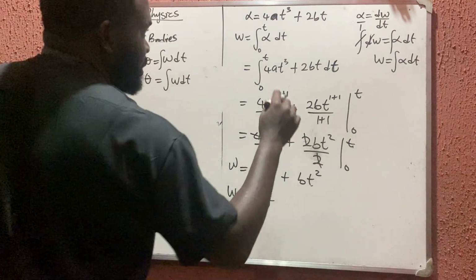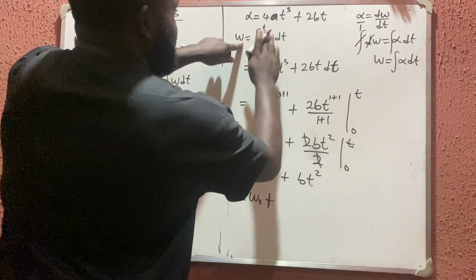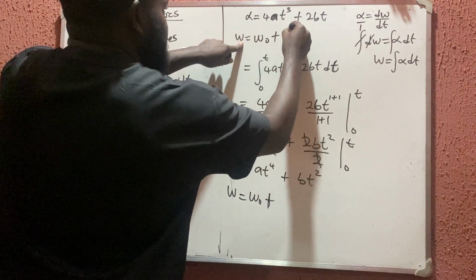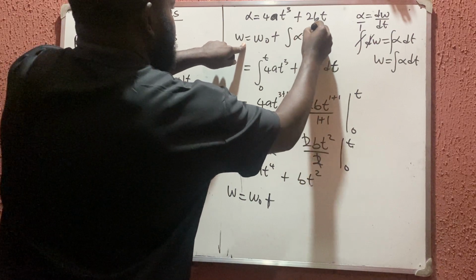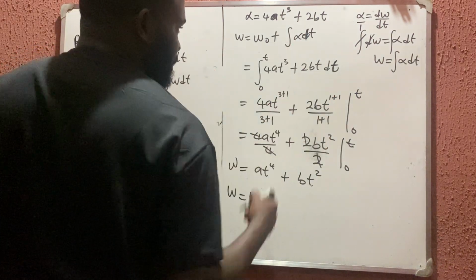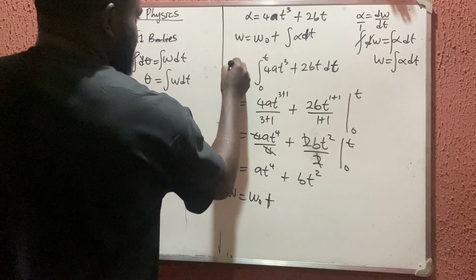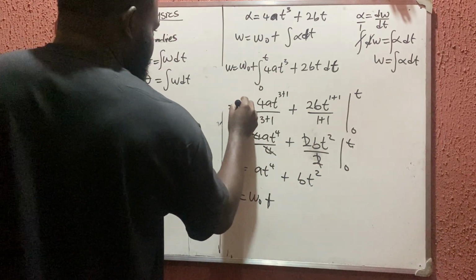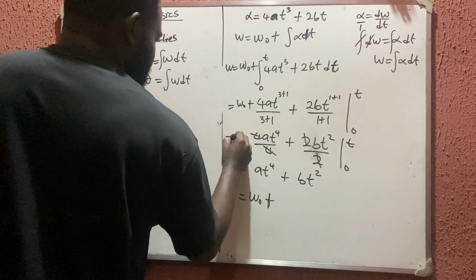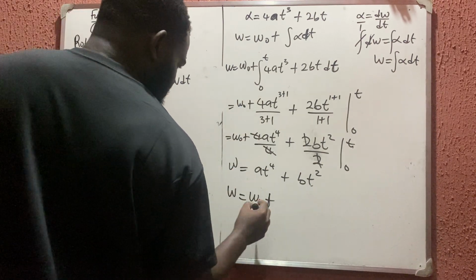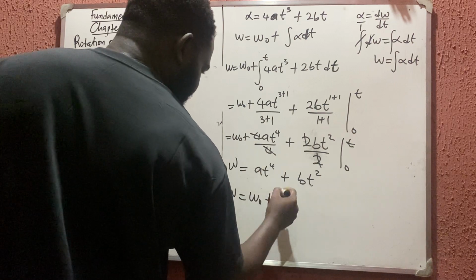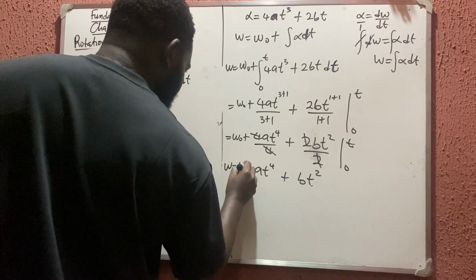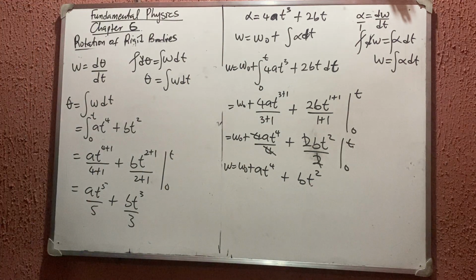It's supposed to be W0 plus the integral of alpha dt. So just say that W here is equal to W0 plus what you are doing. So W will now be W0 plus. So that is that.